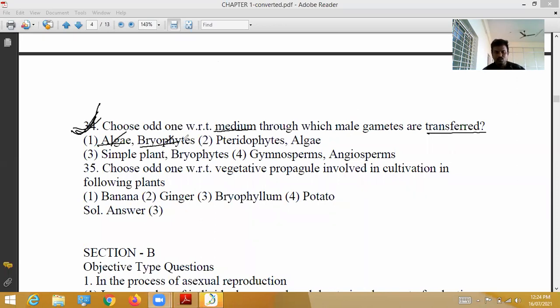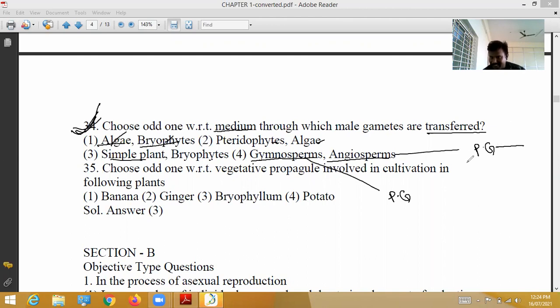Through water medium, male gametes are transferred. So the odd one: pteridophytes, algae also have water as the only medium. Bryophytes also have water only as the medium. So gymnosperms and angiosperms: gymnosperms produce pollen grains, angiosperms produce pollen grains.